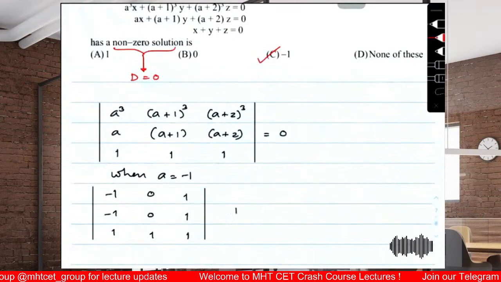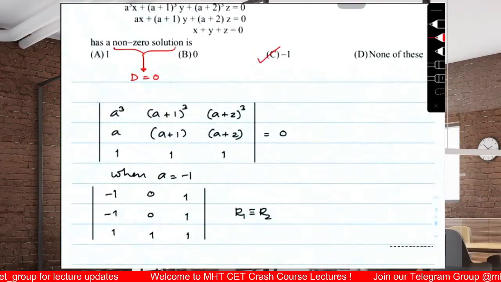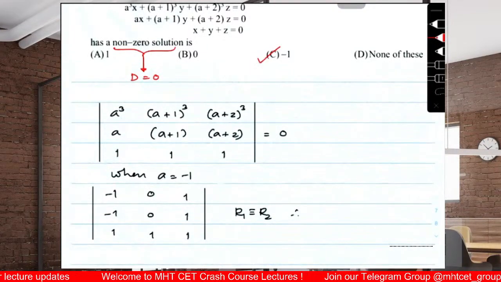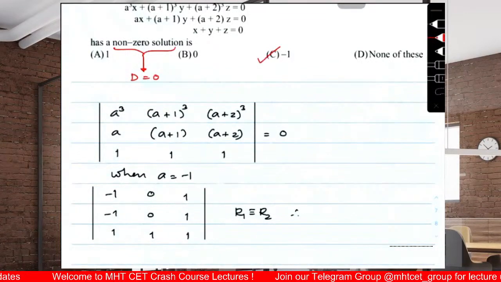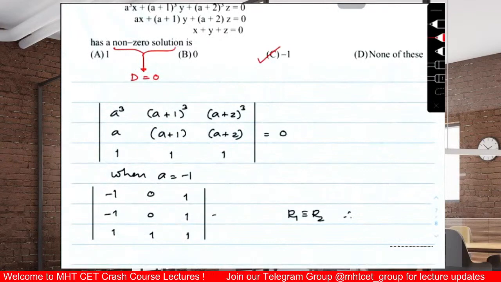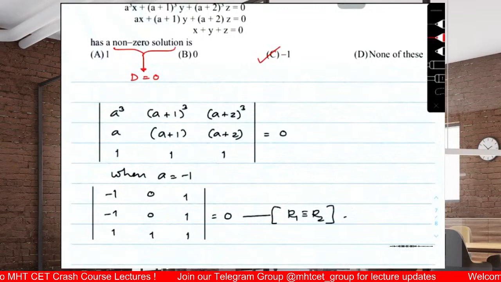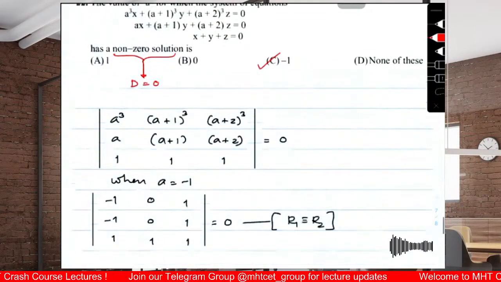I will write here R1 is equivalent to R2. Therefore, it is 0. Clear?